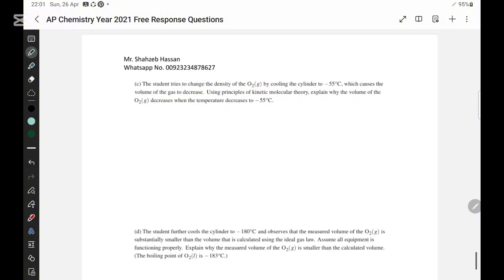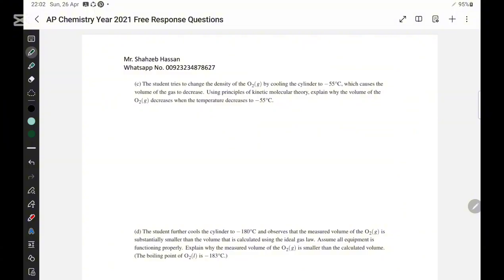Next question: the student tries to change the density of O2 by cooling the cylinder to minus 55, which causes the volume of gas to decrease. Using the principle of kinetic molecular theory, why does the volume of O2 decrease when the temperature decreases to minus 55?